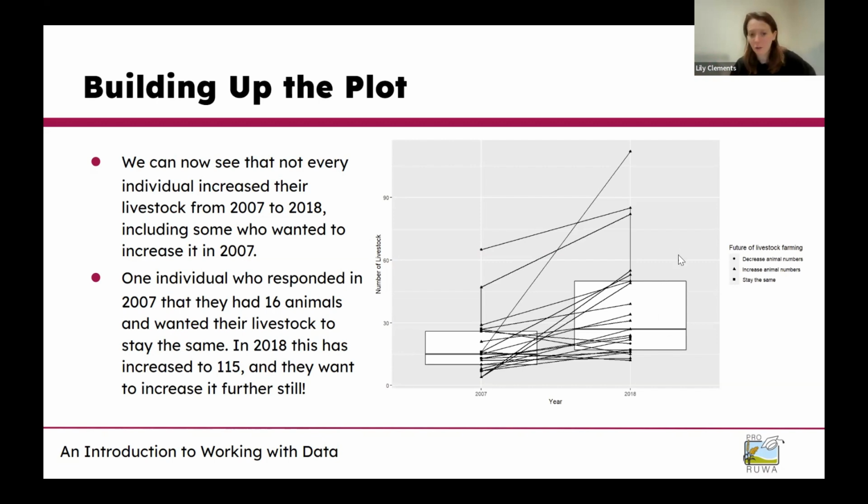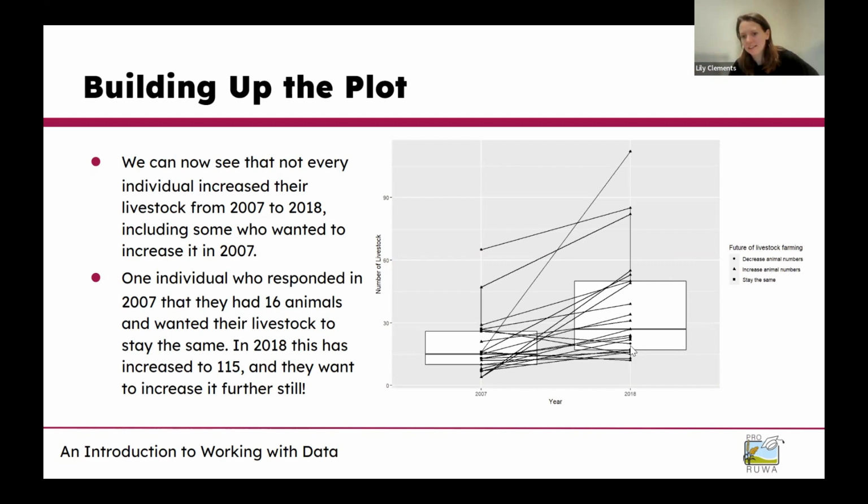So we could see, though, that not every individual increased their livestock from 2007 to 2018, including some who wanted to increase it. So, for example, we see that there is a line going down here. Our lines that are going down are our households that have not increased their livestock.